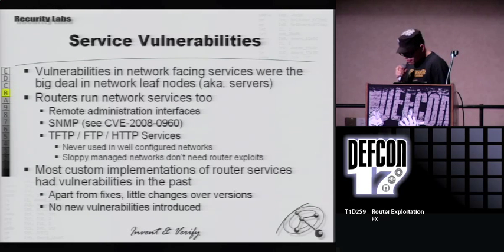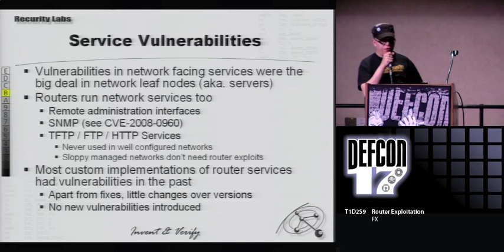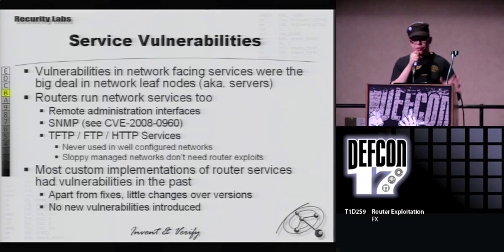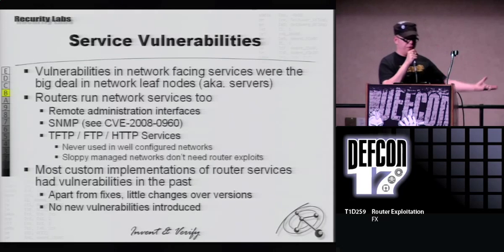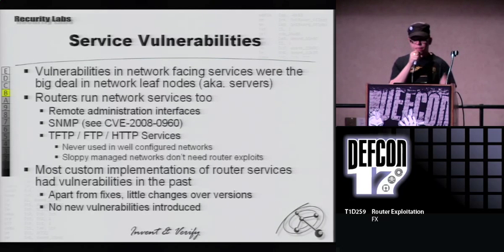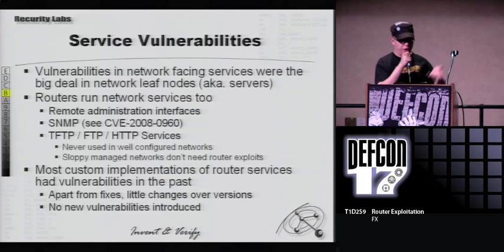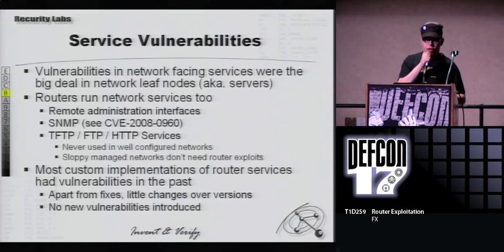So the vulnerabilities we have are service vulnerabilities. That is the most common thing, because everything that is a server likes to get attacked. Same on Cisco. If you fire up a server on a Cisco router, it will be attacked. That would be remote administration interfaces, SSH, something. That would be SNMP, because everyone needs that to run their networks.